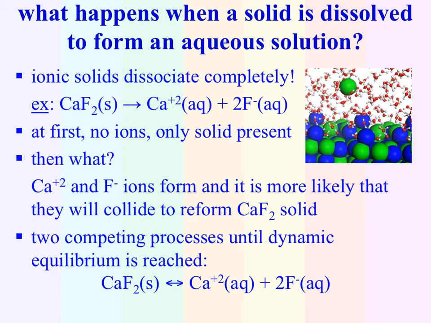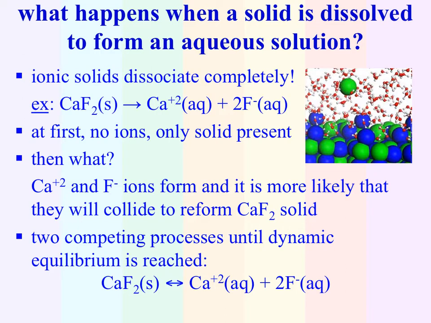Now, typically, many ionic solids dissociate completely, and you get complete ionization. So in this process, initially you don't have any ions in solution, but as this interaction proceeds and the water molecules separate out these ions, you have these floating ions in solution.